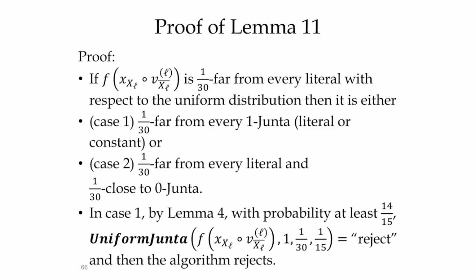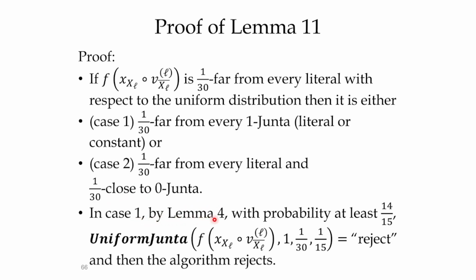Okay, so let's prove lemma 11. If f is 1/30-far from every literal with respect to the uniform distribution, then it is either case 1: 1/30-far from every one-junta, literal or constant, or case 2: 1/30-far from every literal and 1/30-close to a 0-junta.